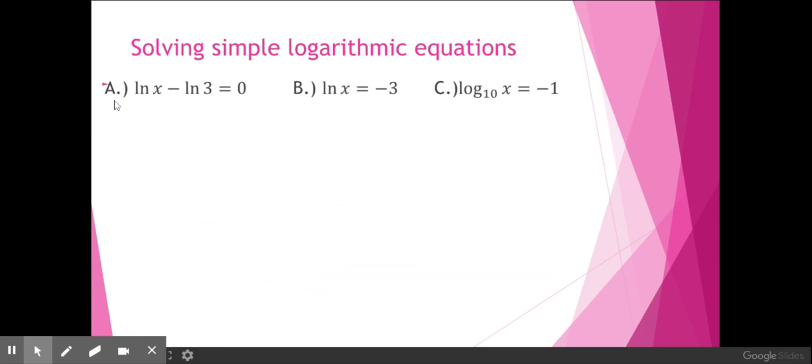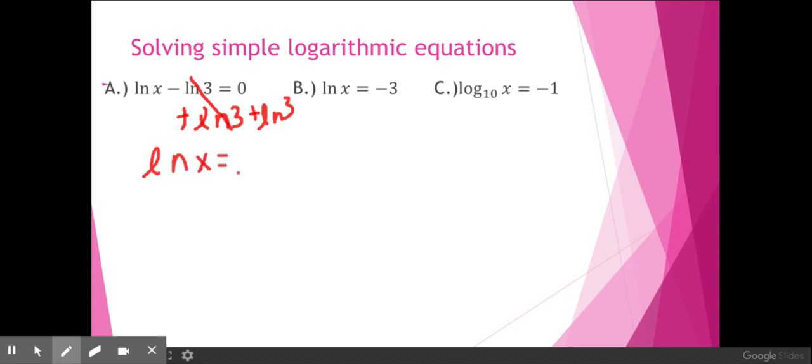So the first one we have is the ln of x minus the ln of 3 equals 0. To make our lives easier, why don't we add the ln of 3 to the other side? So we're going to add the ln of 3 to both sides. On this side, it cancels.